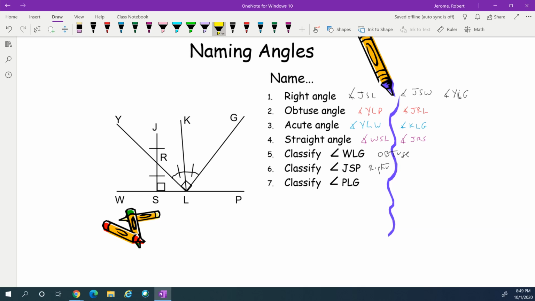And PLG, let's see, PLG, that certainly looks acute. Okay. So we can name angles and we can classify angles.